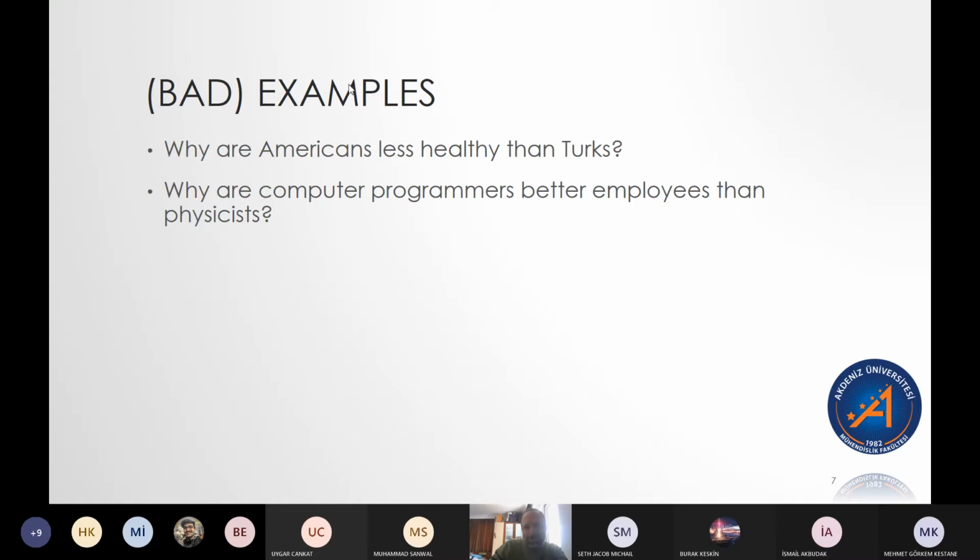The second one is kind of, that one's for you, Seth. So what are the problems with these examples? What makes them bad research topics? Why are they bad problem statements?